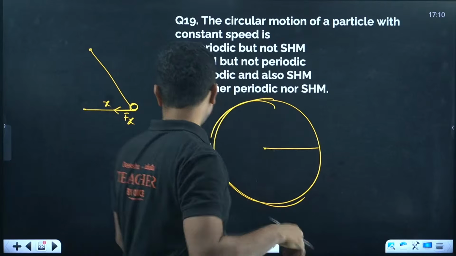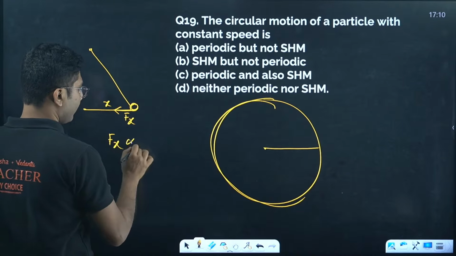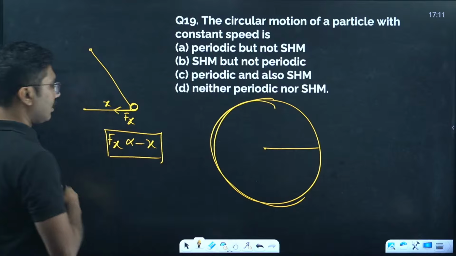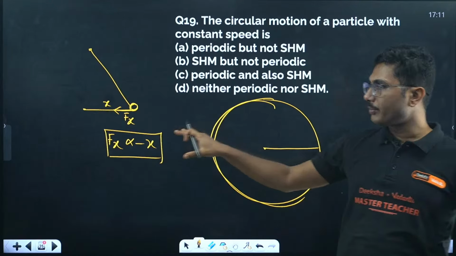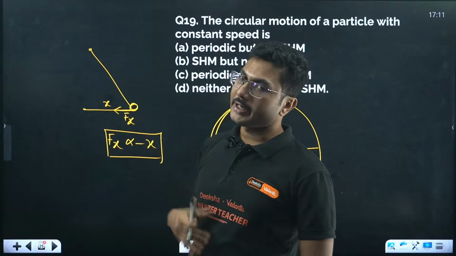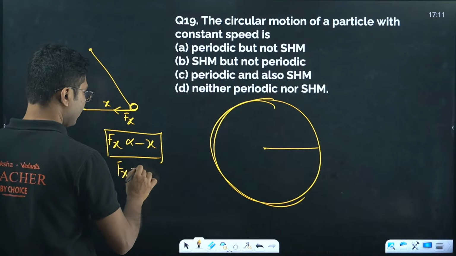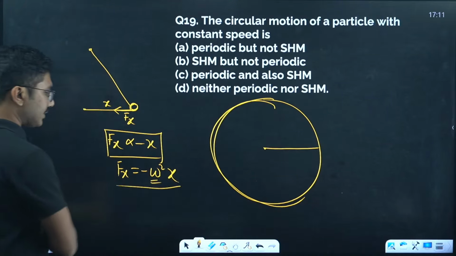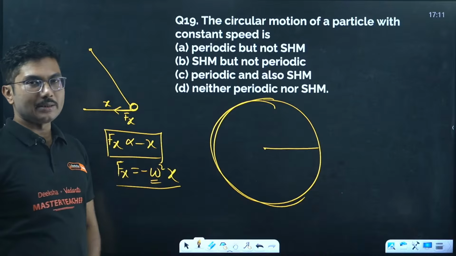So the restoring force is negatively proportional to the displacement. If this condition is satisfied, then we say this is a simple harmonic motion. So actually F equals minus omega square x. You can even calculate the angular frequency. This is the condition that has to be satisfied by simple harmonic motion.